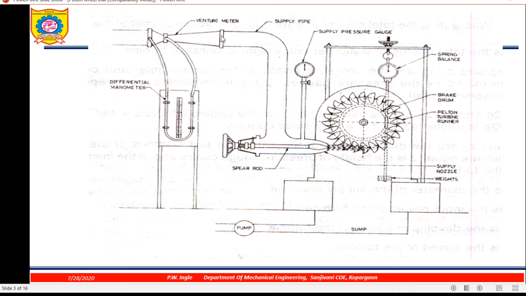Before that, you see here water will be supplied by a centrifugal pump through the venturimeter, then it goes through the nozzle. This is a spear rod assembly which is used to control the speed.